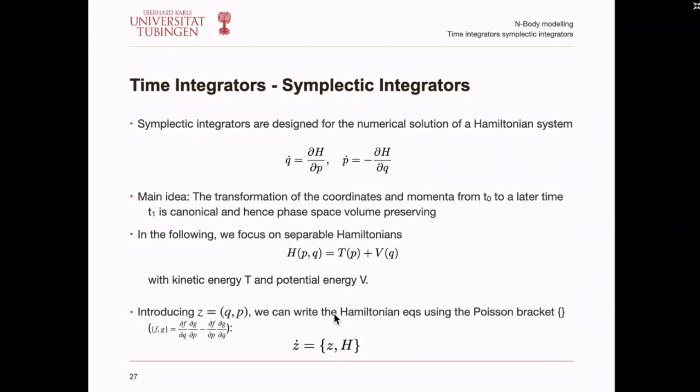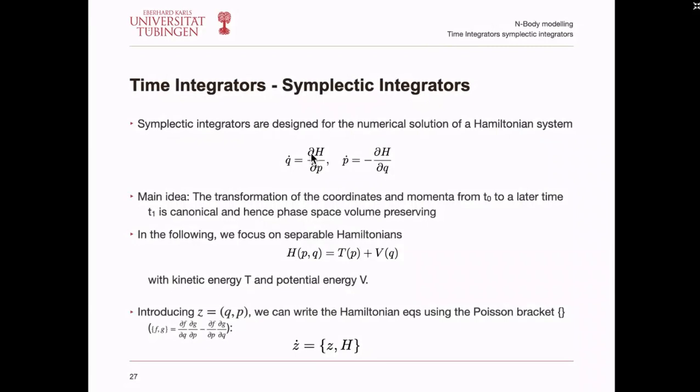You have these canonical variables Q and P, canonical coordinates, and H is some Hamiltonian. The basic idea is that you have a transformation of the coordinates and momenta from T0 to a later time, T1, and this transformation is canonical, and hence by construction, phase space volume preserving, and thus energy preserving and angular momentum conserving.